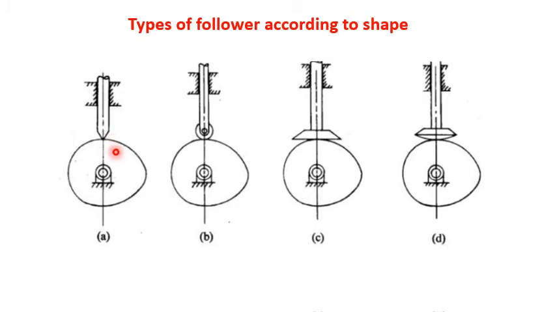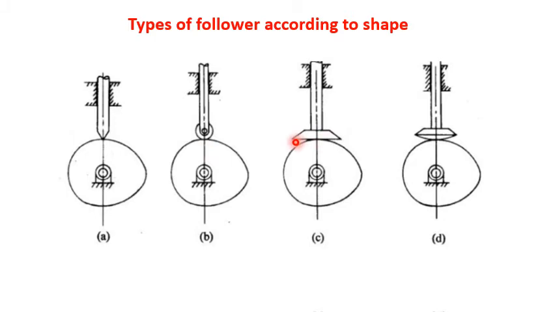Also more friction and heat are generated between the surface of follower and the cam, and the operation is noisy. Whereas in the roller follower, there is a roller in between the cam and the shaft. Here the operation is smooth, but it requires more maintenance than the knife edge follower.